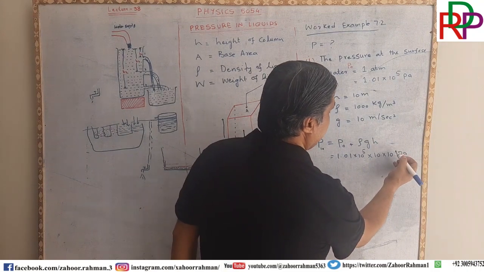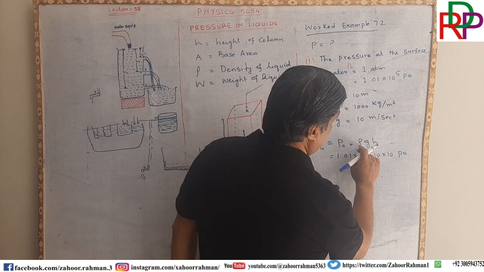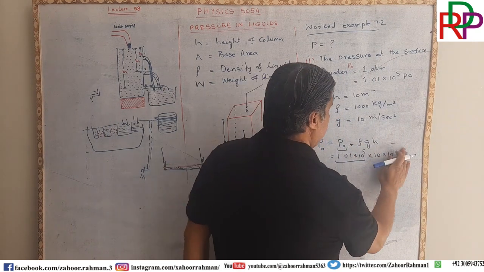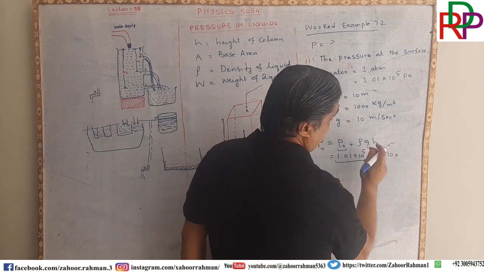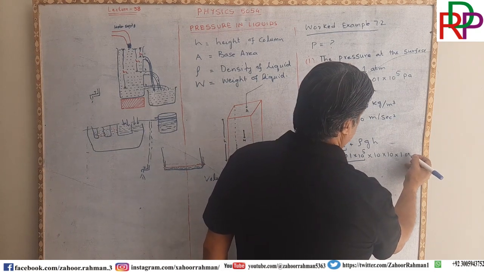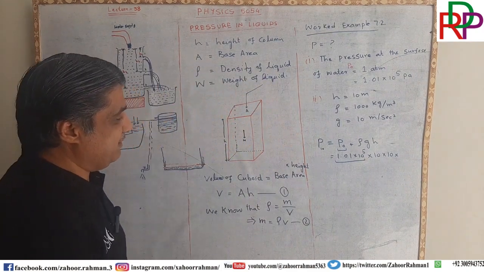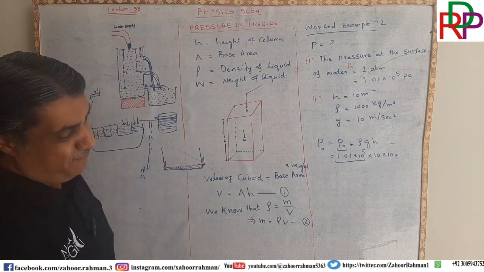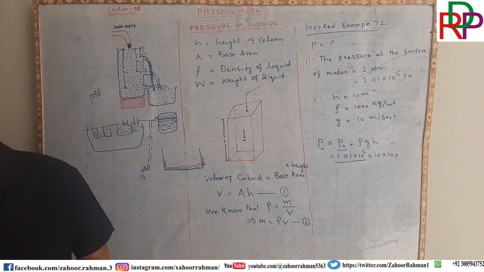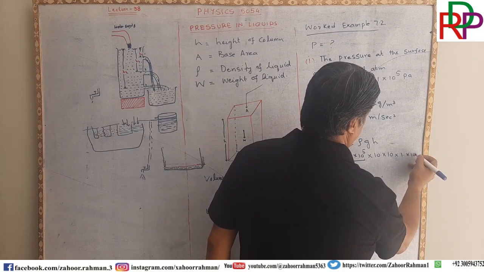Now we put this value for g, but we have to put it for rho as well. The second value will be 10 raised to the power 5, so 1 into 10 raised to the power 5.